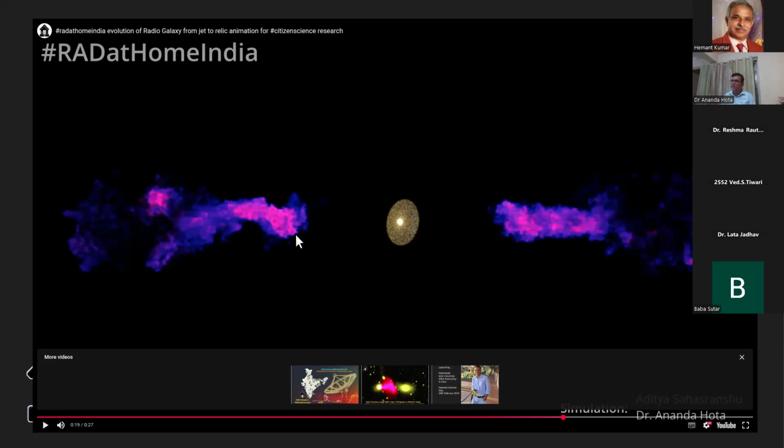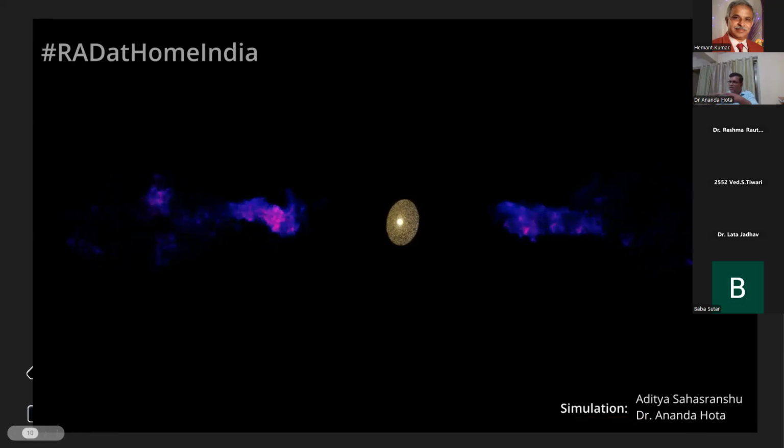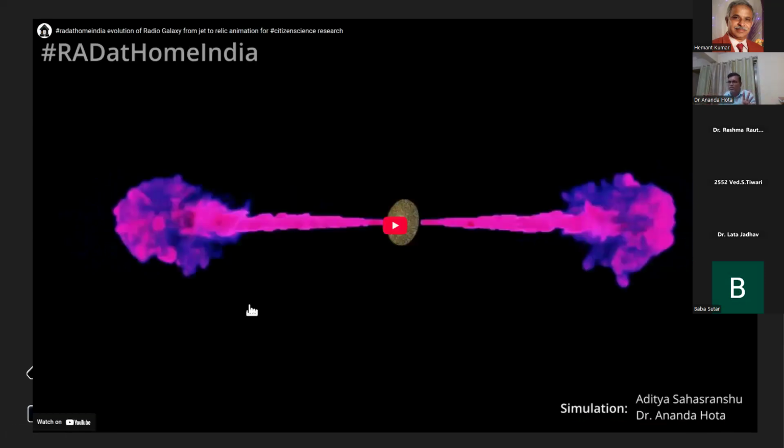We may not be able to see it, but it happens. So this is the radio galaxy phenomenon that we are focusing on. The galaxy at the center, plasma outflow comes out, and our GMRT radio telescope sees it.